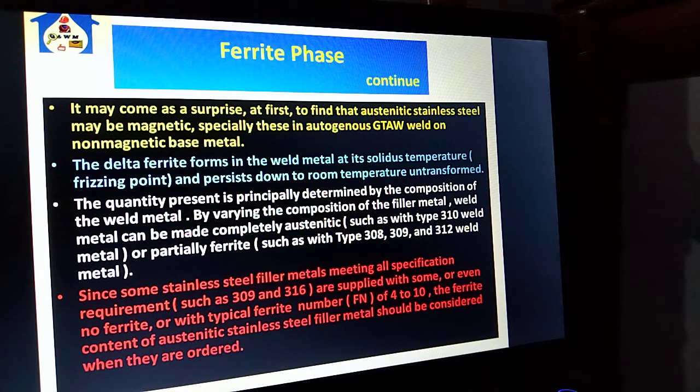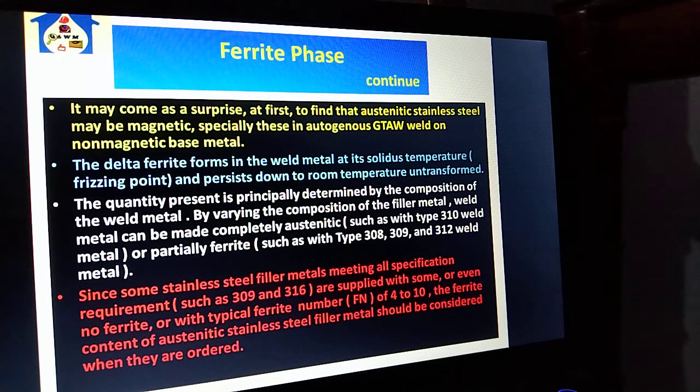By varying the composition of the filler metal, weld metal can be made completely austenitic, such as with type 310 weld metal, or partially ferritic, such as with type 308, 309, 312 weld metal.